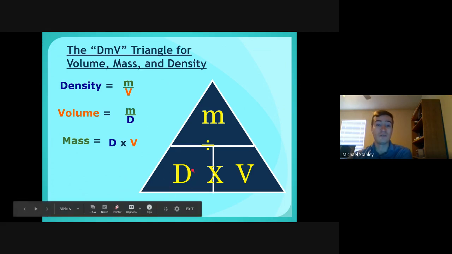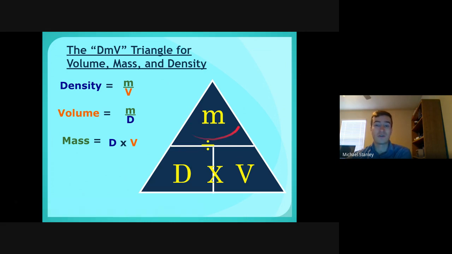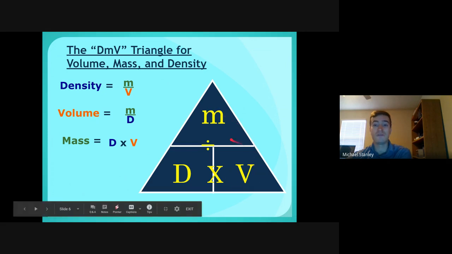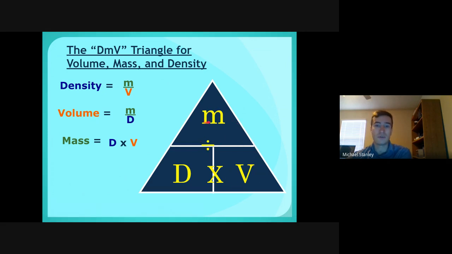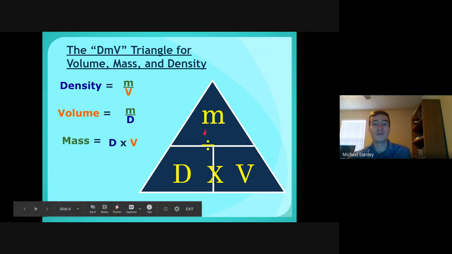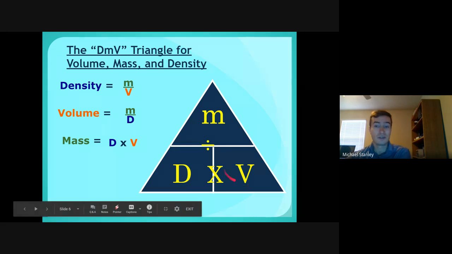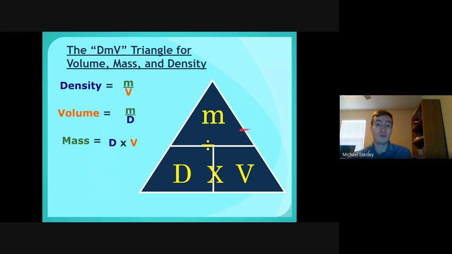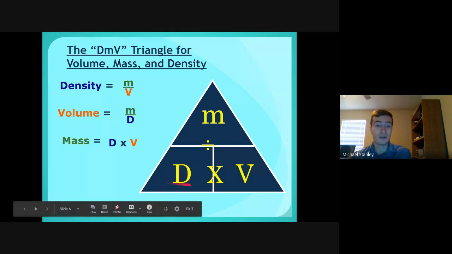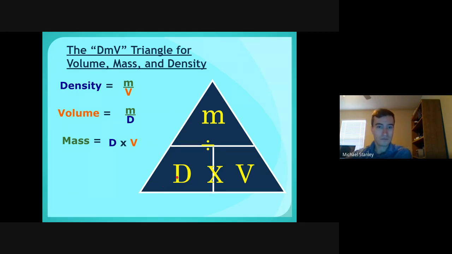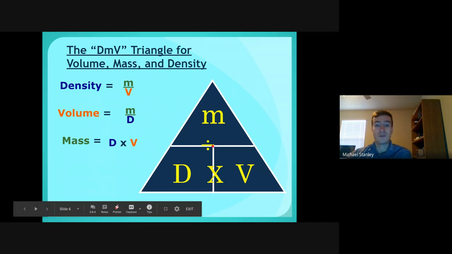So for example, if you want to know density, that means you have mass and you have volume. The triangle says that when you have mass and volume, you do some division, mass divided by volume, in order to figure out density. Same thing if you want to know the volume, but you know the mass and the density: mass divided by density is equal to volume.